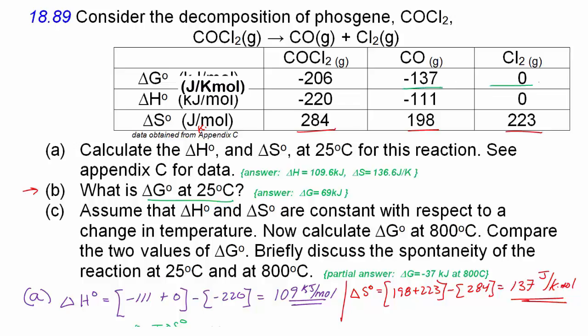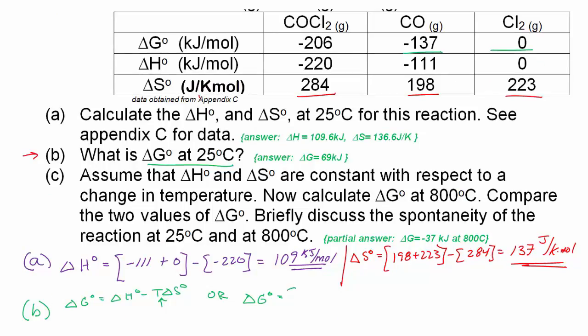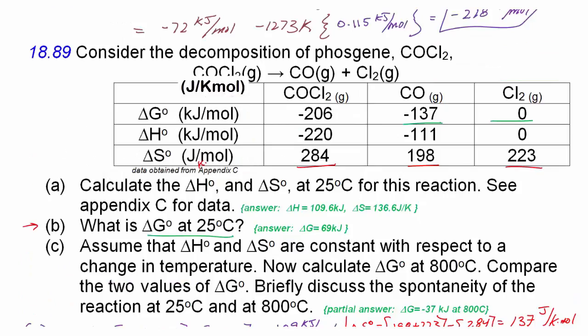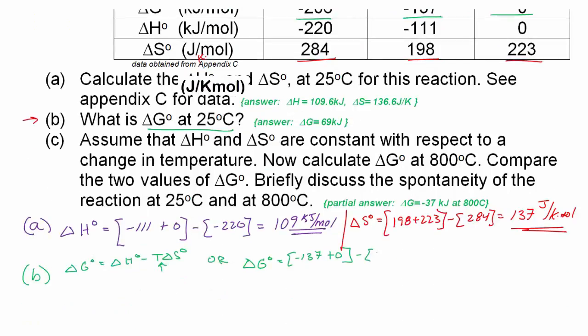Negative 137 and 0. Minus the reactants, phosgene. And phosgene is a negative 206. So negative 137 plus 206, about 69. And that's in kilojoules per mole.